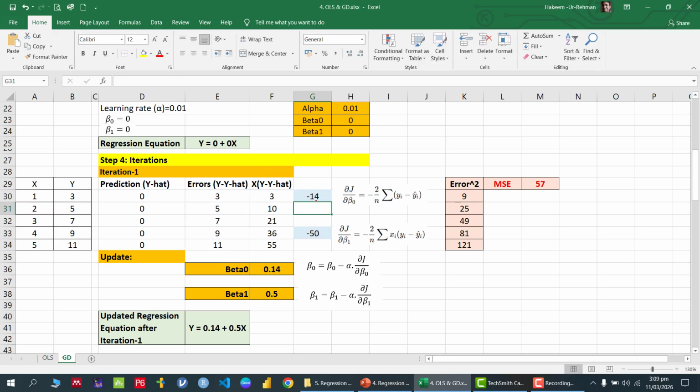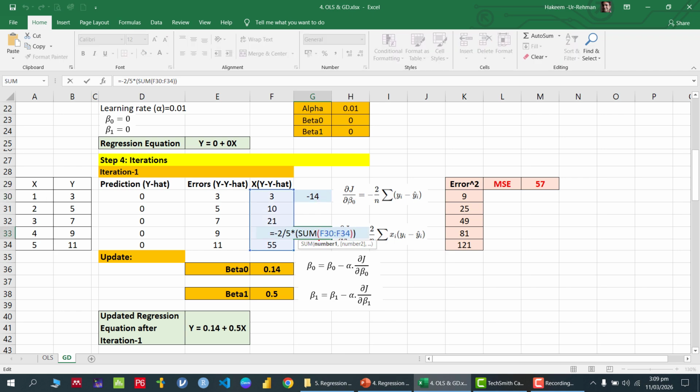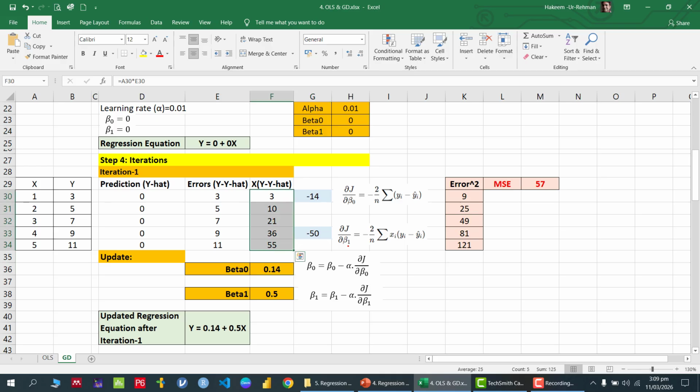What we get is minus 14, so that is the gradient value with respect to beta naught. Same is the case for beta 1: the formula is minus 2 by n, so minus 2 by 5 multiplied by the sum of this column, and we got minus 50. Now, in the first iteration, we are updating the parameter values.